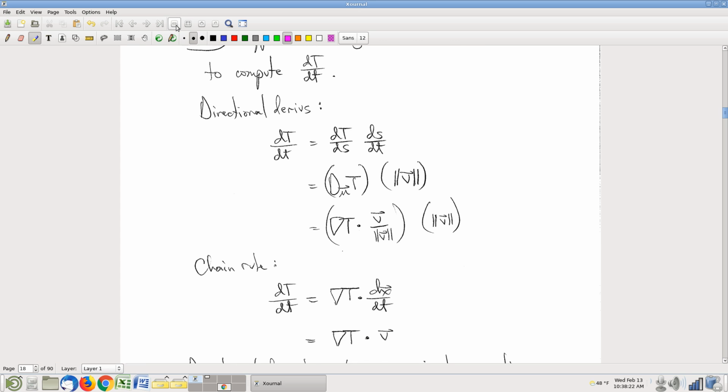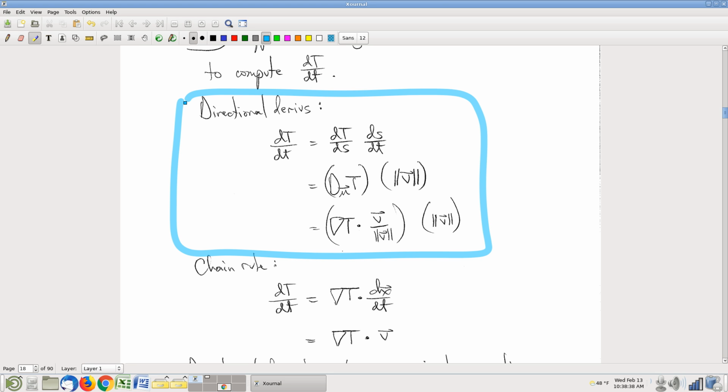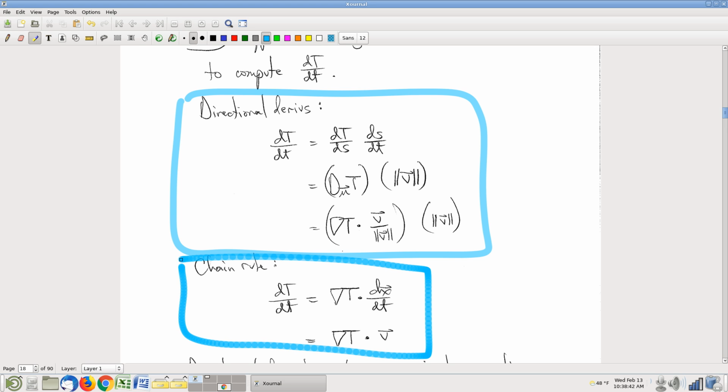The chain rule says if you want to compute dt dt, cool. Dot with the gradient vector. Bam, done. It's much more natural in this case. In fact, you can almost kind of make fun of this solution involving the directional derivative, because what have we done? What's the difference between these two calculations here?